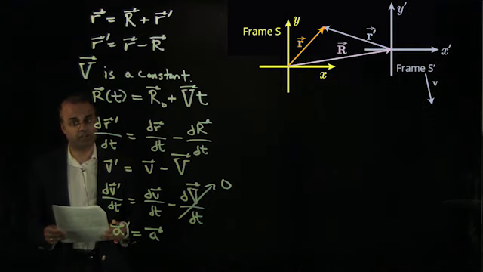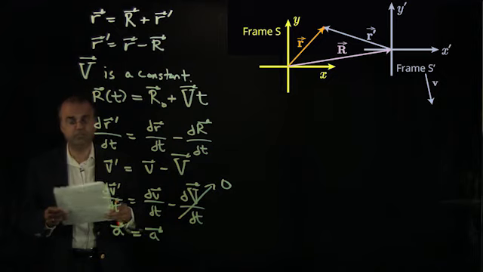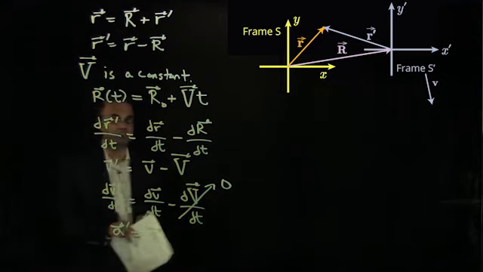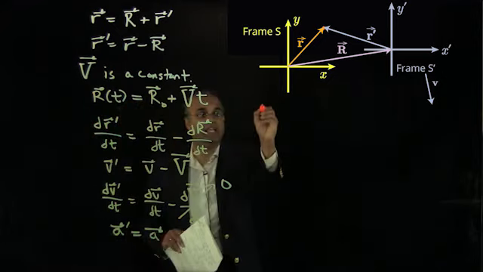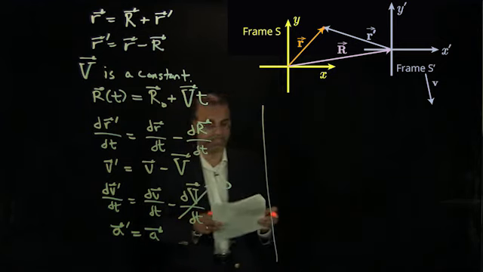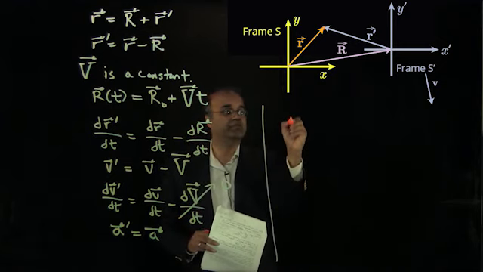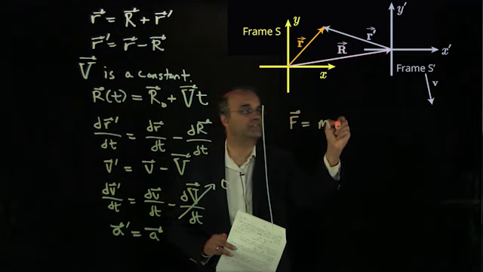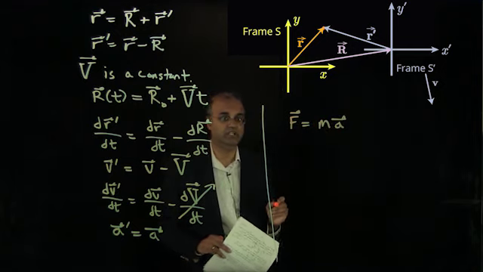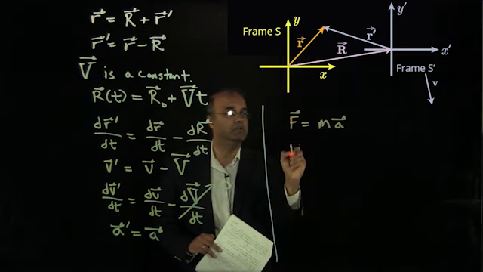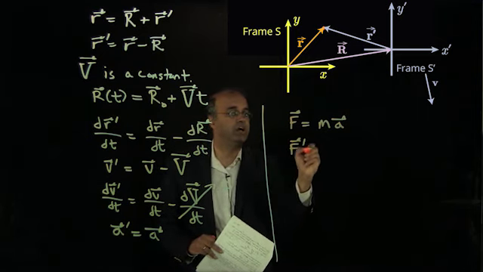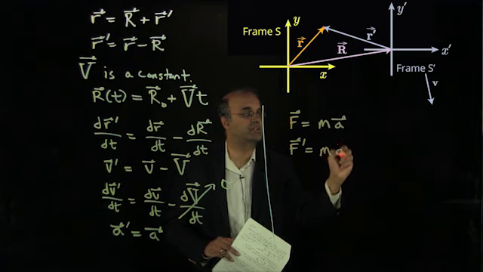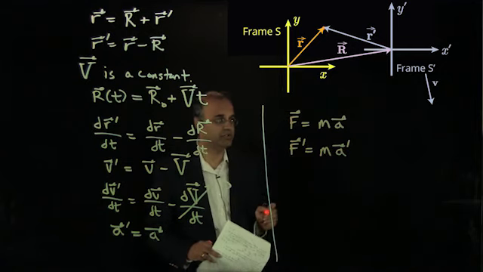Because the accelerations are identical, we'll see that Newton's laws will look identical in the two frames. And we can see that in the following way. In frame S, we have that the force is equal to the mass times the acceleration. In frame S prime, the force F prime is equal to the mass times A prime.